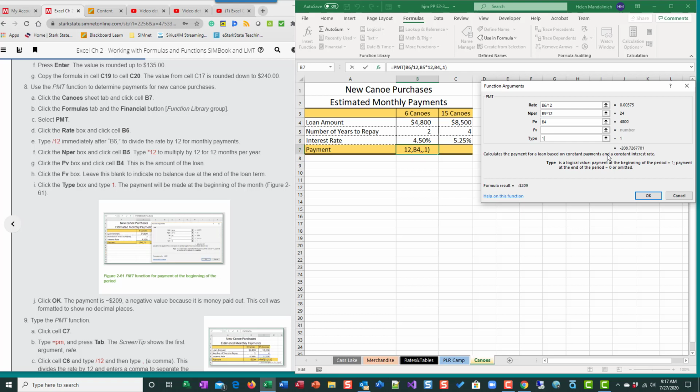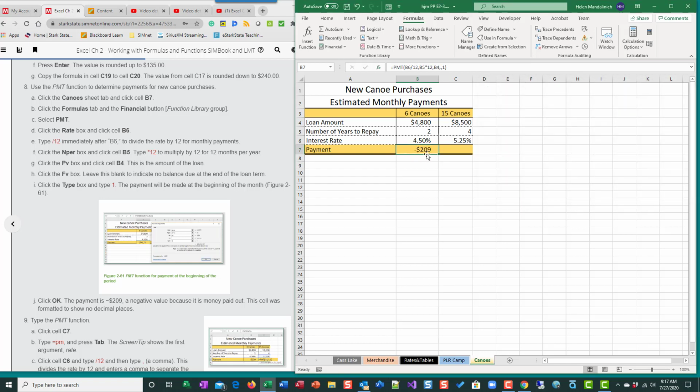But the instructions want you to put 1, meaning that you make a payment at the beginning of the period. And it does slightly change. See, it's 209 now instead of 210. So I'm going to go ahead and do OK. And that's how much I have to write a check. That's why it's minus. That check is being pulled away from the loan amount. But really, having it as a negative answer is not good looking forward.